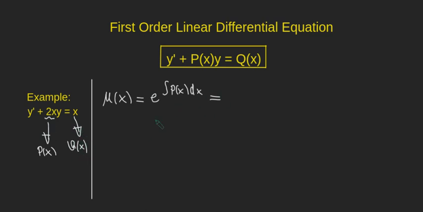So plugging the value of the p function into this integral, we get the exponential of the integral of the function 2x dx. The integral of 2x is just x squared.